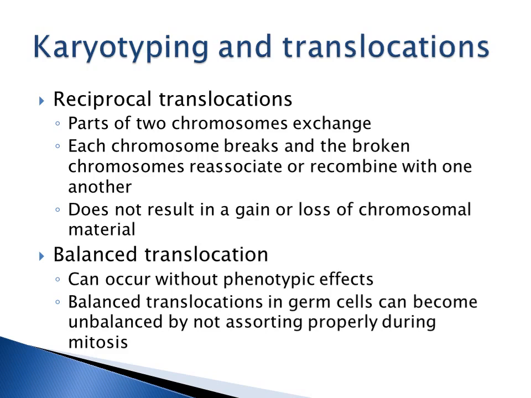So it doesn't necessarily result in a gain or a loss of chromosomal material. Balanced translocations can occur without any phenotypic effects. So balanced translocations that occur in germ cells can eventually become unbalanced if they don't assort properly during cell division.